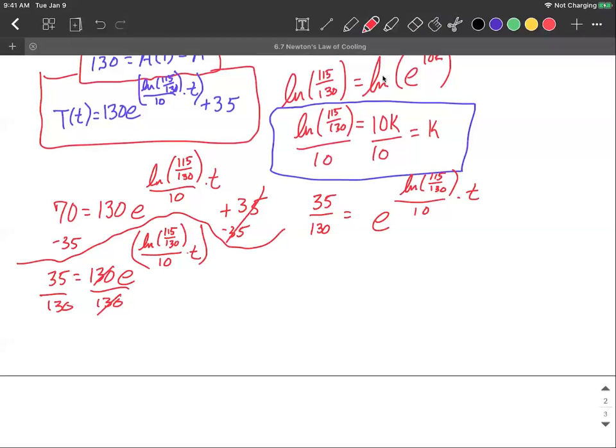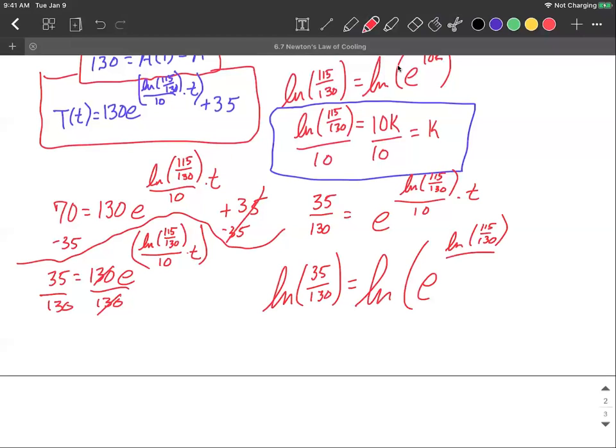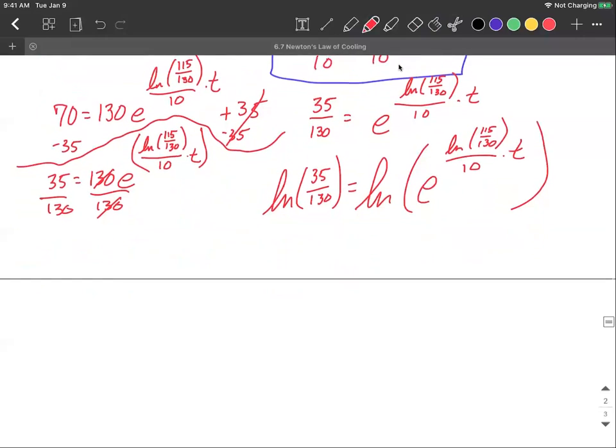E to a power, let's use a natural log on both sides. So we go natural log of 35 over 130 equals the natural log of all of this. And that's going to do some very nice canceling out, where natural log and the e get to cancel.